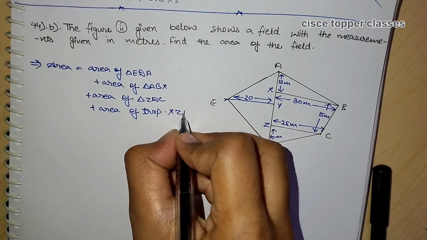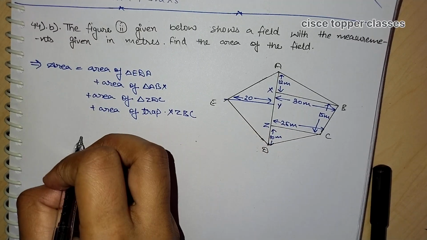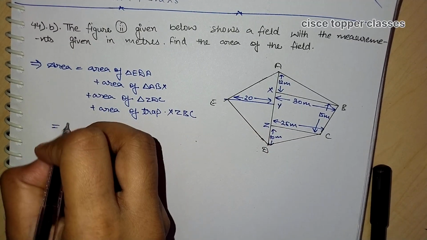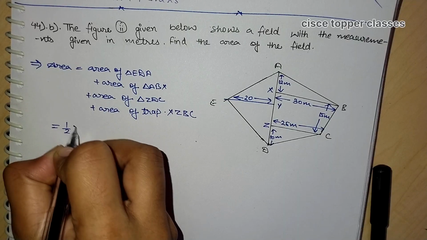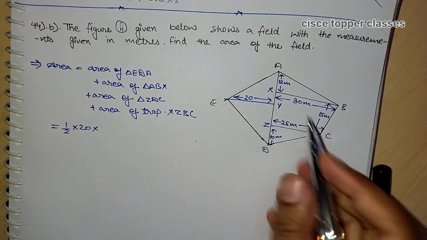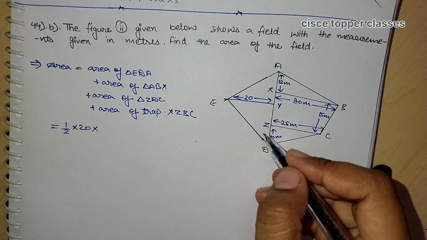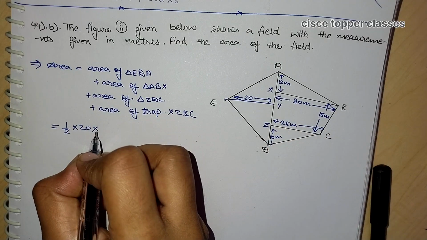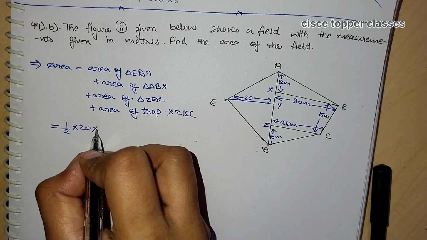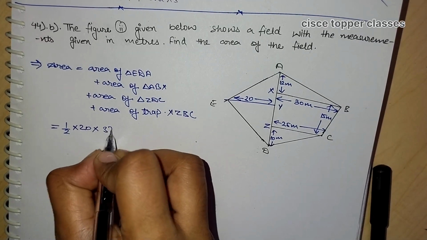So area of triangle EDA will be half into 20 into the addition of AX plus XZ plus ZD, so AD whole. This will be 37.